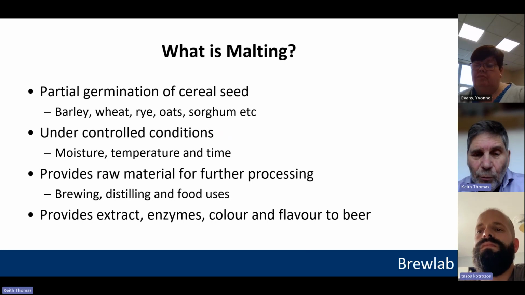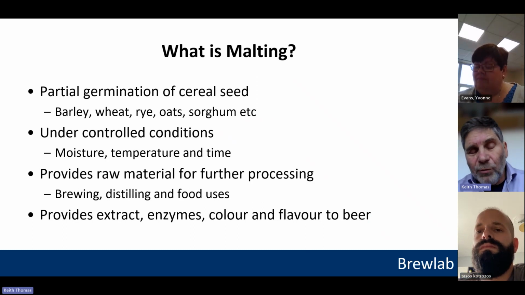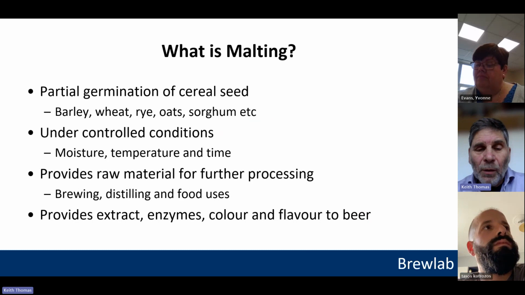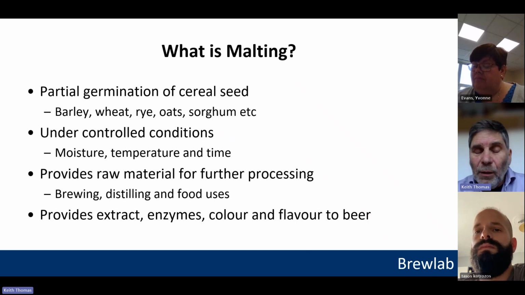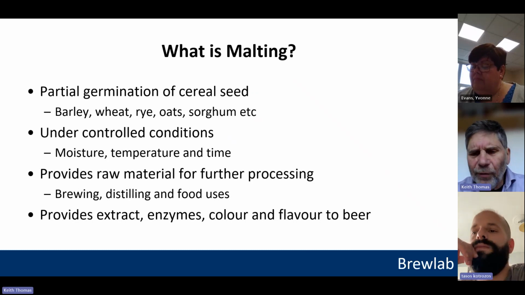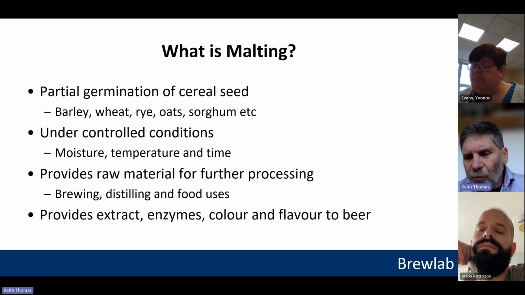Now, the support material we can look at will provide you the background to extract, which in a way is what you deal with every day and measure when you're preparing your wort, keeping the enzymes active through the right conditions of temperature and so on. And then the colour and the flavour are things which are biochemically focused and can vary.